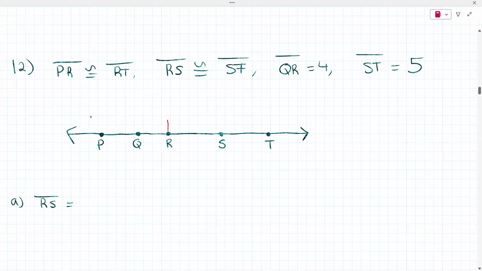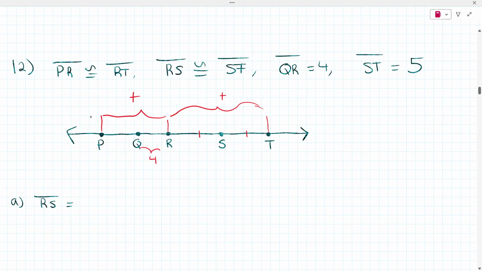So here's PR, which is congruent to RT. So this is congruent with that. And RS is congruent to ST. And QR is equal to 4, so this distance is 4.